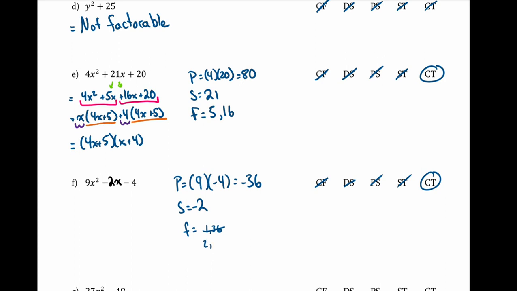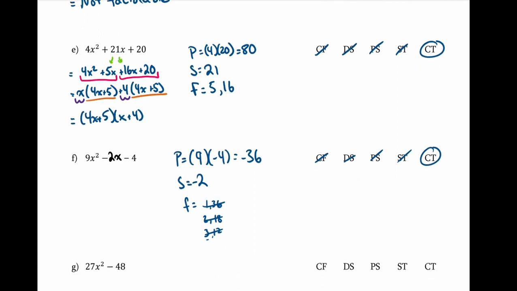We tried 2 and 18, that didn't work. 3 and 12 don't work. 4 and 9 don't work. 5 is an option. 6 and 6 don't work. 7 isn't an option. 8 isn't an option.